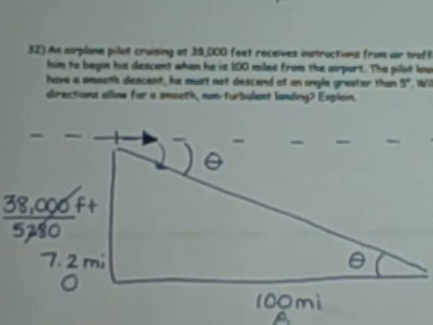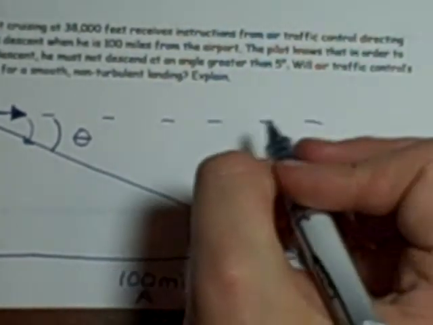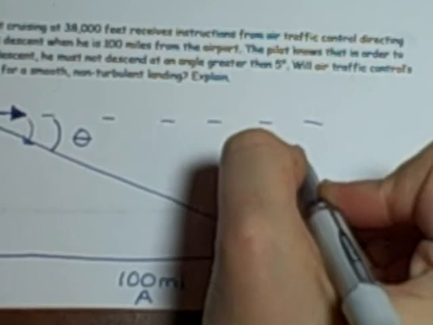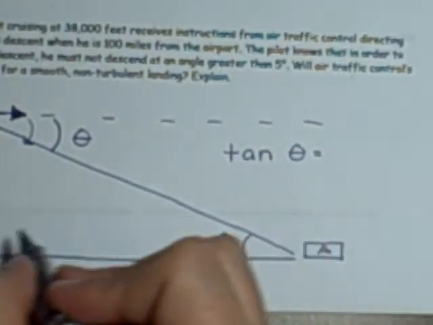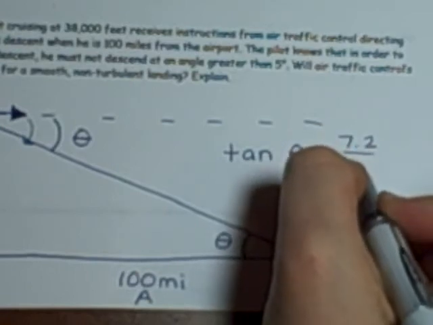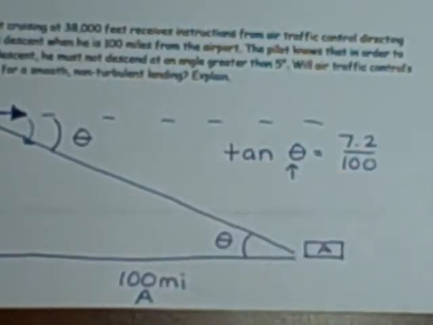So if I'm using opposite and adjacent, think SOHCAHTOA, I'd be using tangent. So over here, I'm going to say that tangent of theta is equal to opposite over adjacent, so that would be 7.2 over 100. And then I want to solve to find theta.